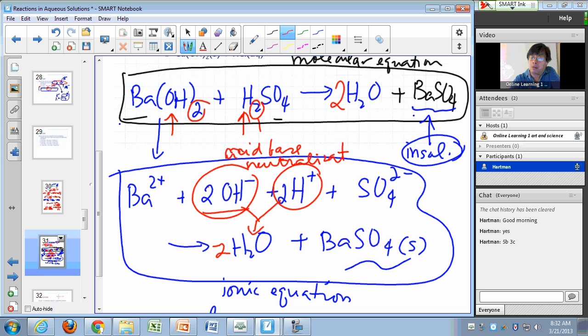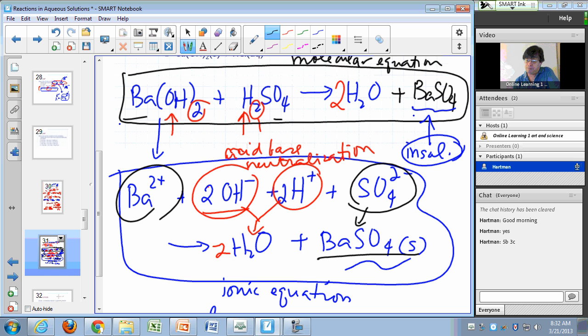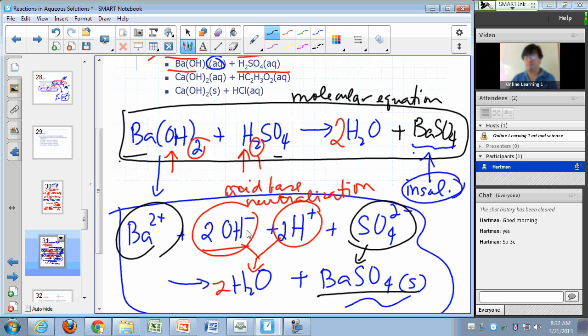There's actually two reactions going on here. Your H plus and your hydroxide gave you water, and then your barium and your sulfate gave you a precipitate of barium sulfate. So the overall reaction is a combination of both acid-base neutralization and precipitation reaction.